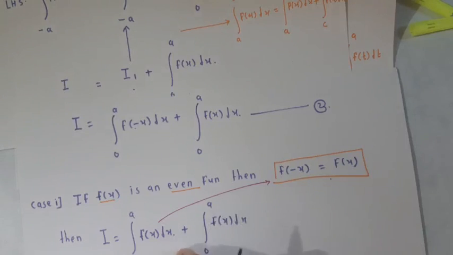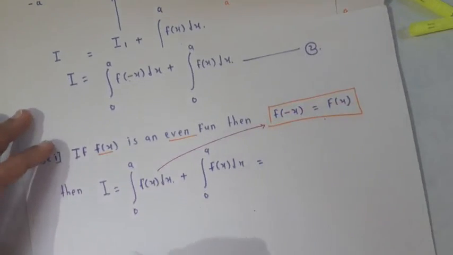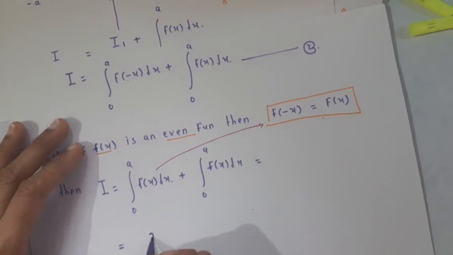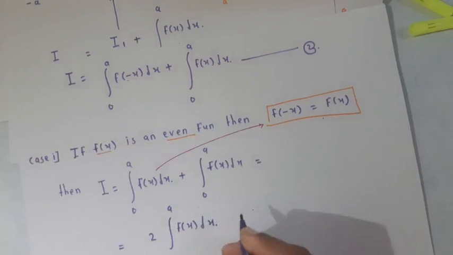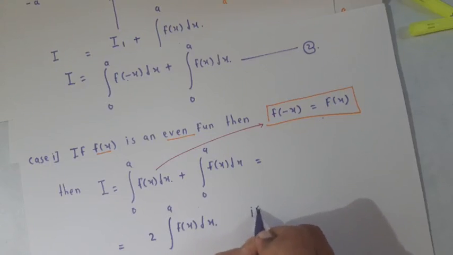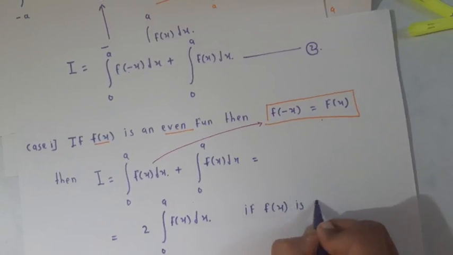One time f of x with respect to x plus f of x with respect to x. This implies here integration I equal to 1 time plus 1 time, that is 2 times 0 to a f of x with respect to x, if f of x is an even function.